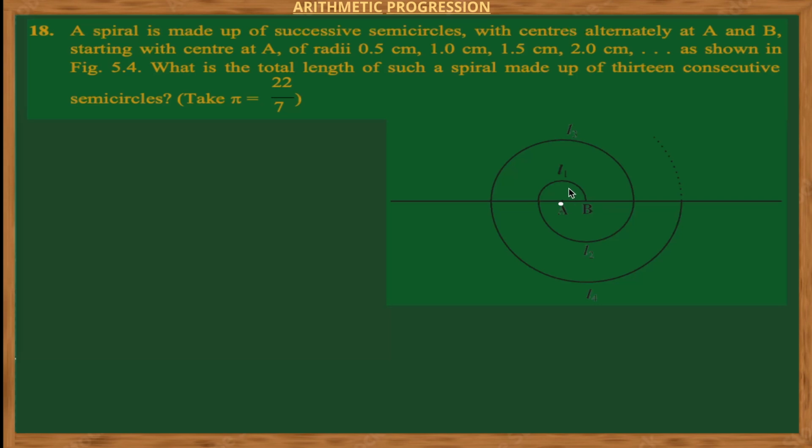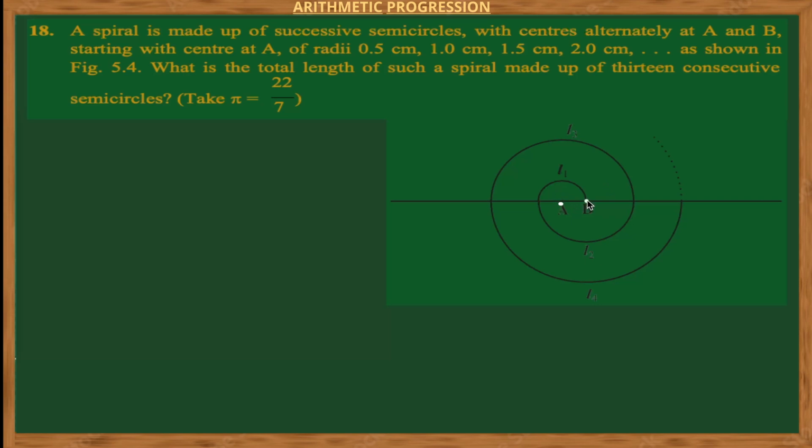Then it increases to 1.0 centimeter, 1.5, 2.0 centimeter. So every time it increases by 0.5 centimeter as shown in the figure. What is the total length of such a spiral made of 13 consecutive semicircles?